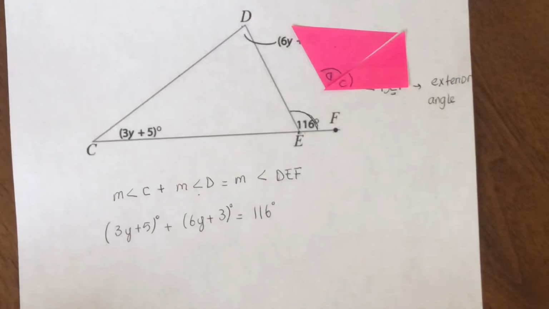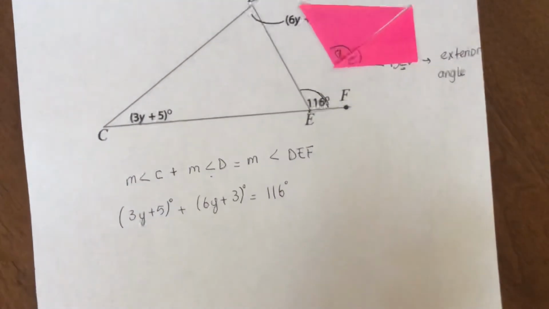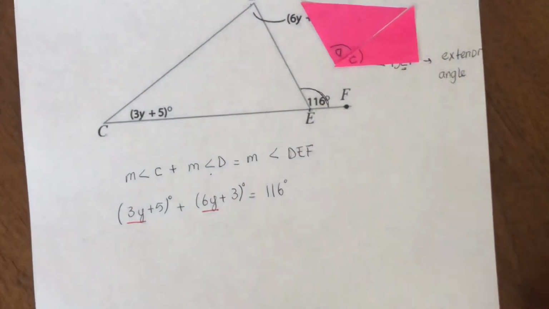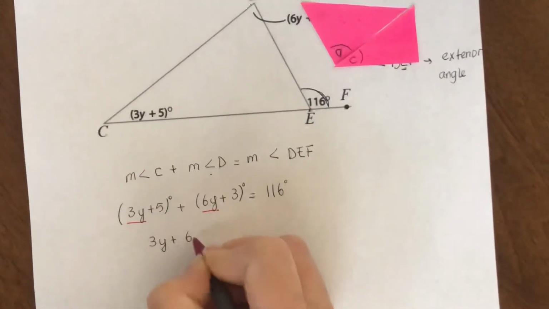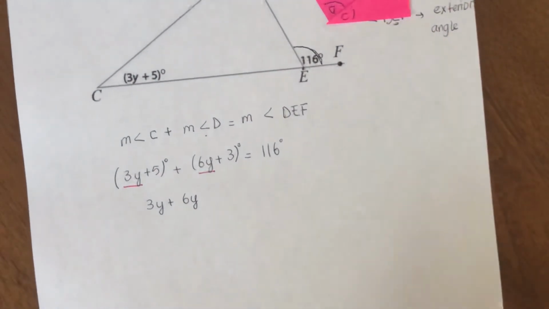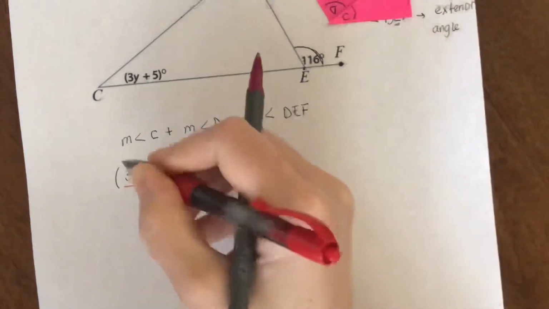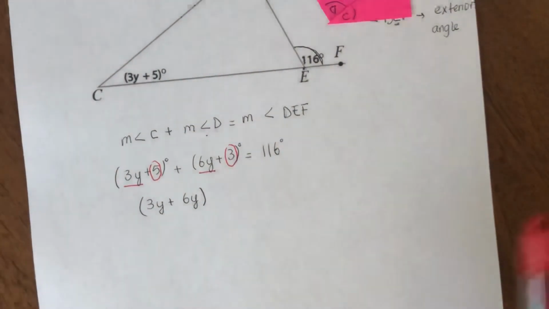Now I need to combine like terms again because we know we cannot add variables and numbers. So we can add like terms, which 3y and 6y are like terms, right? So 3y plus 6y, and the other like terms, the numbers, 5 and 3, can be added.